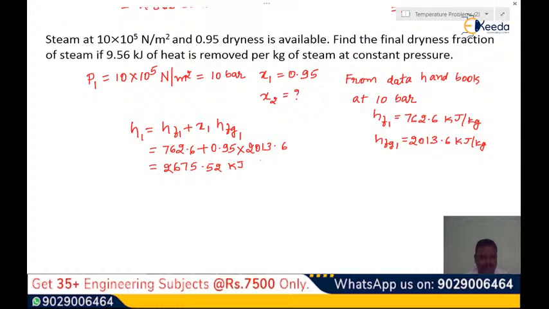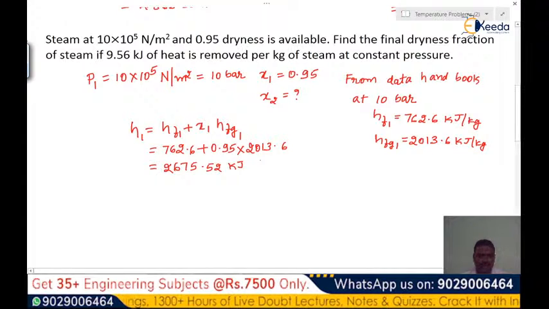So in such a case, if 9.56 kilojoules of heat is removed from this wet steam, which is 0.95 dry, what will be its final dryness fraction? If heat is added, dryness fraction will be increased. If heat is removed, dryness fraction will be decreased.